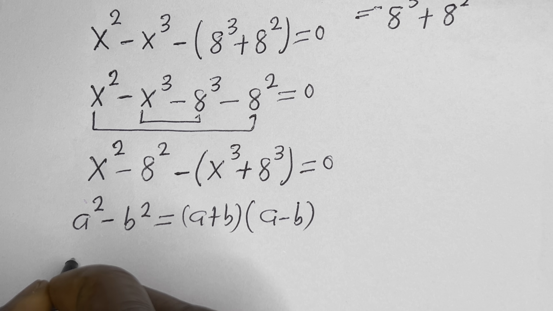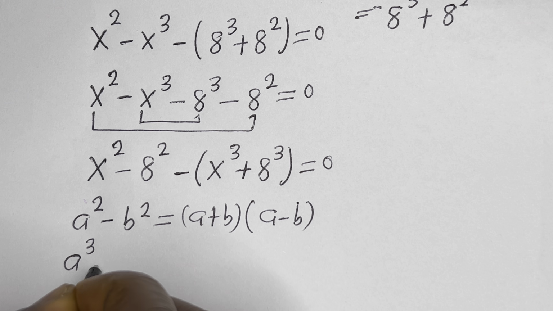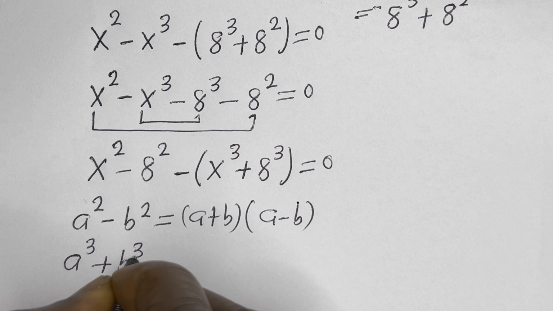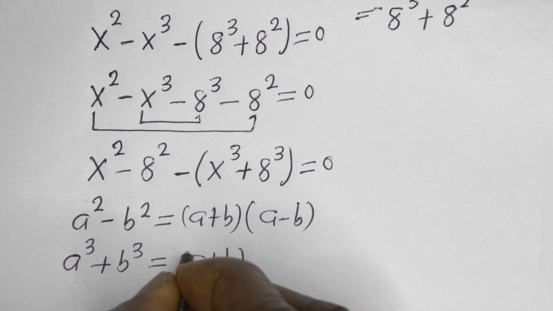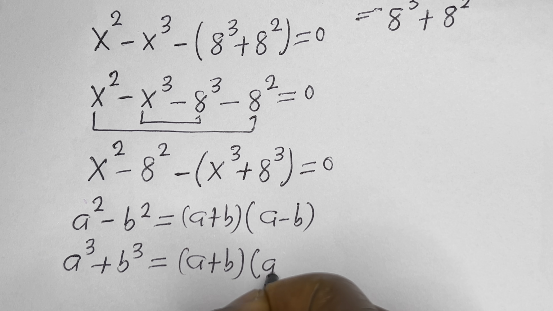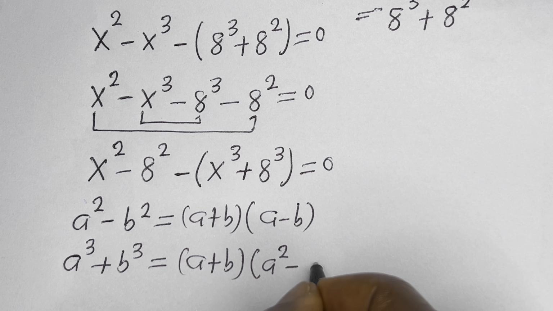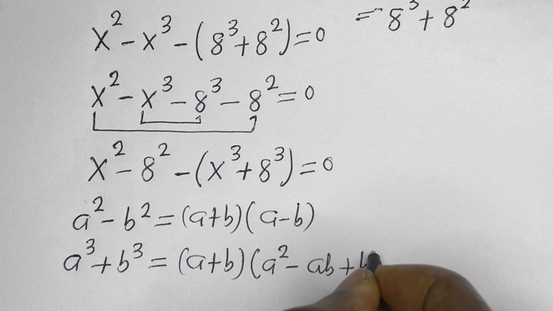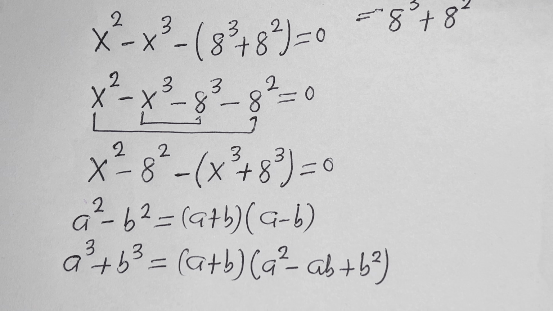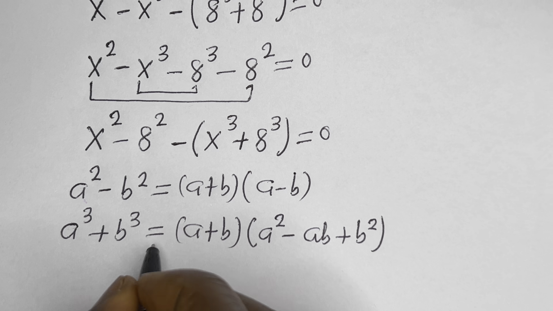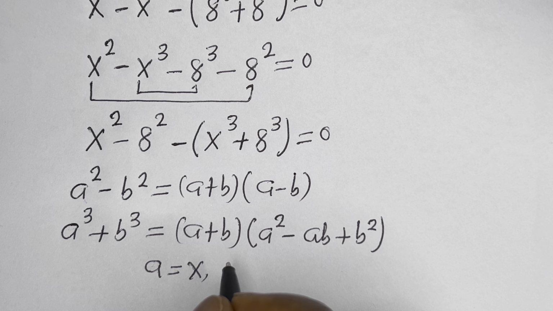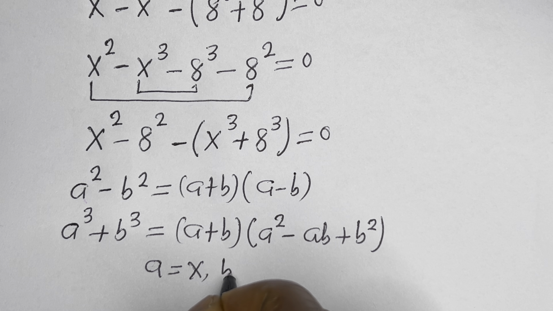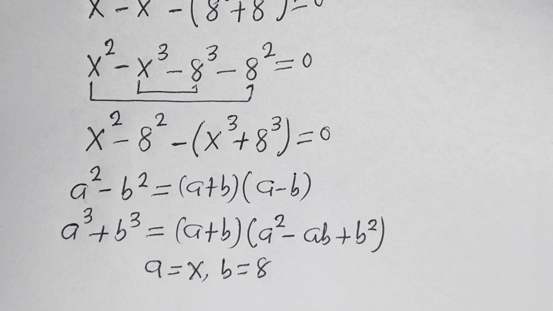Then if you have a raised to power 3 plus b raised to power 3, this is equal to a plus b bracket a square minus ab plus b square. Now here a is equal to s and b is equal to 8.